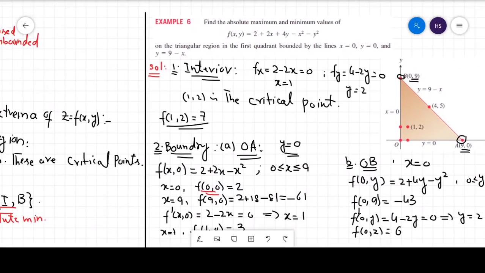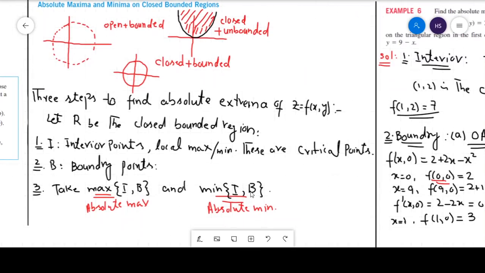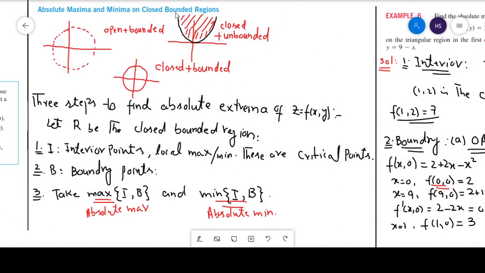In this lecture, we talked about absolute maxima and minima on closed bounded regions. If a region is either not closed or not bounded, we cannot investigate the absolute extrema. So they have to be closed and bounded.